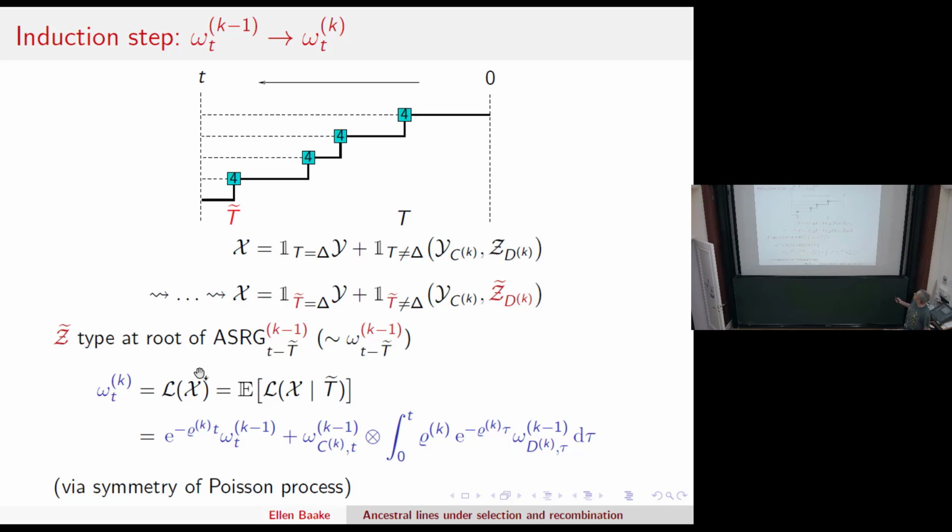So the time to the first event has the same distribution as the time after the last event, namely an exponential with parameter rho k. So you integrate against the density of that exponential and you are done. And this is exactly the result, the recursion I gave you in the theorem.